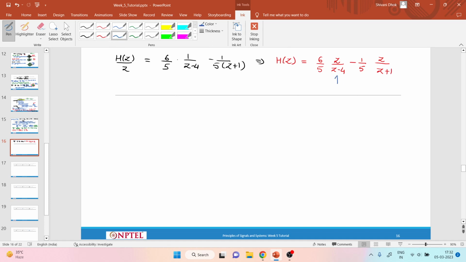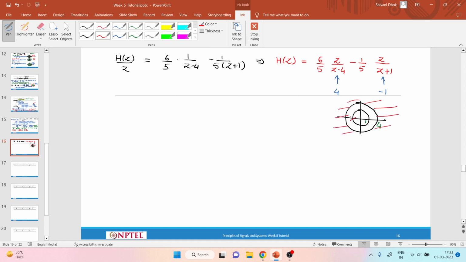Now this is having a pole at 4 and this is having a pole at minus 1, and the condition that we are given is we have region of convergence outside the outermost pole, that is, this is the radius of 1 and this is the radius of 4. Then for the system to be causal, my region of convergence will be something like this.